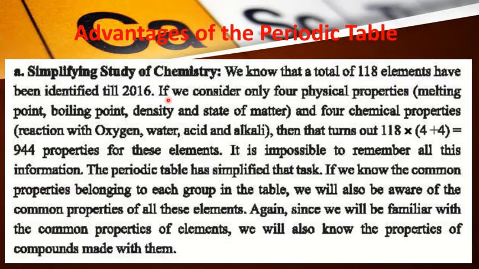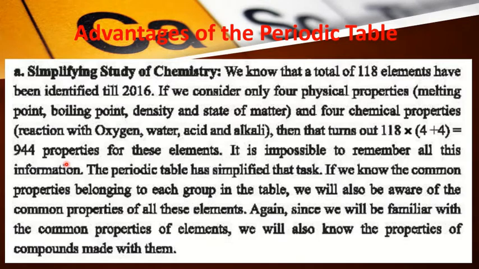There are many physical and chemical properties, but if we consider only 4 physical properties, that means melting point, boiling point, density and state of matter, and also 4 chemical properties like reaction with oxygen, water, acid and alkali, that means there are a total of 8 properties. Then for 118 elements, how many properties are there? 118 times 8 comes to 944 properties in total.